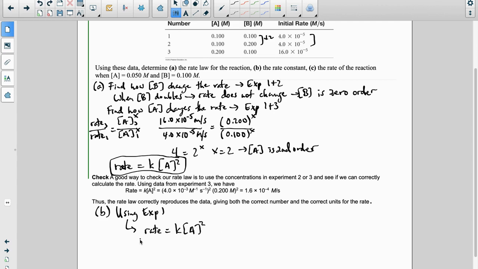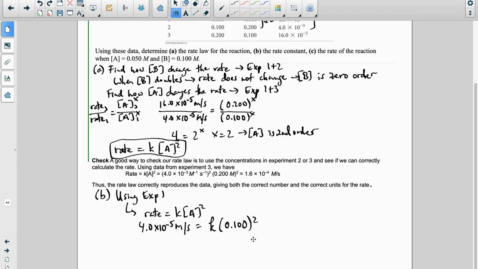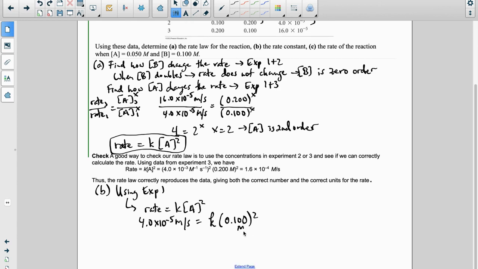So I can put in 4.0 times 10 to the minus 5th molarity per second equals my K times my concentration of A squared. And that would be 0.1 molar squared. And so I can solve for K, and when I solve for K, I get 4.0 times 10 to the minus 3, 1 over molarity seconds.